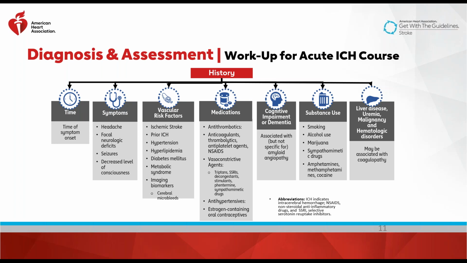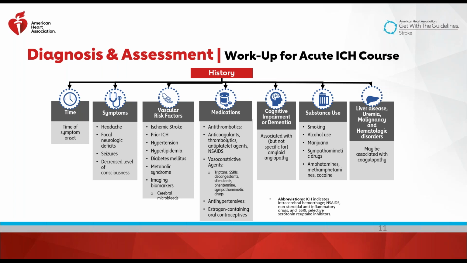Medications. Medications are really a key component, and we have been saved many times by accurate documentation in the electronic medical record. So are they on antithrombotics or anticoagulants? Are they on any vasoconstrictive agents? Are they on antihypertensives or estrogen-containing products?